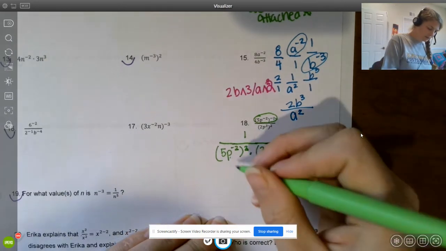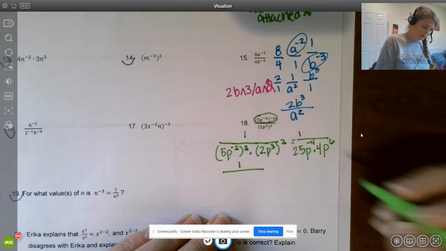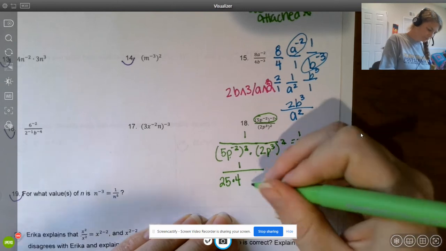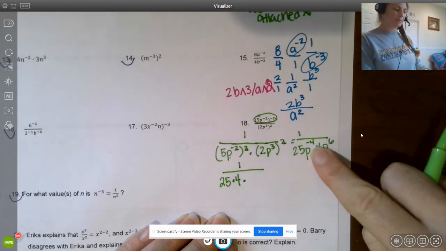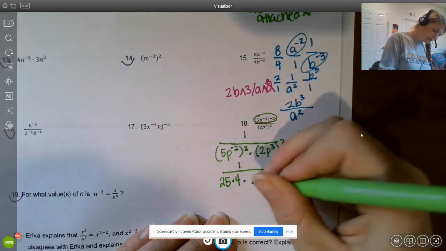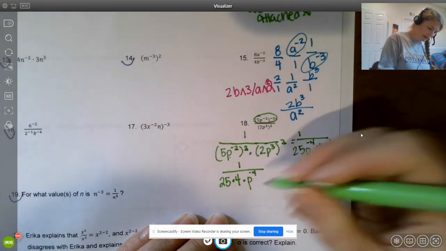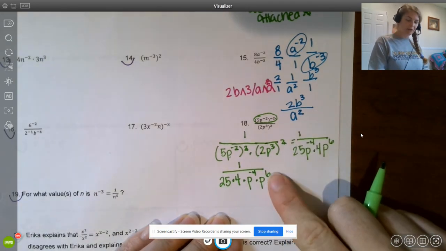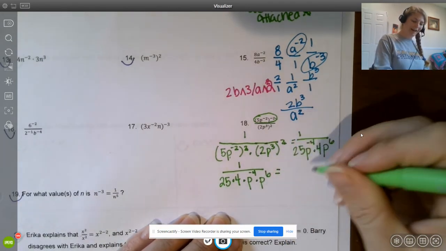From here, what you can do if you need to is rewrite it. So 25 times 4. And I could move this p to the negative 4 to the numerator to make it a positive power, but I'm noticing that I also have a p to the 6 here. When you're multiplying with the same base, what do you do with your exponents? That's right, you add them.